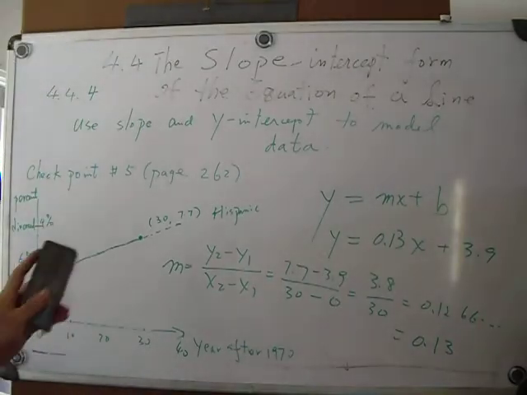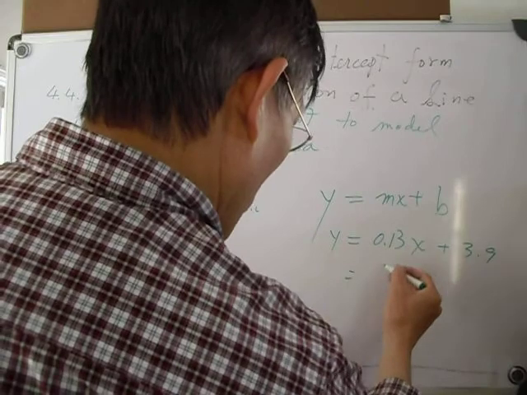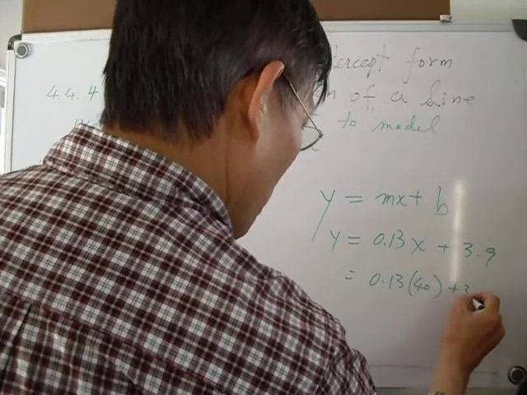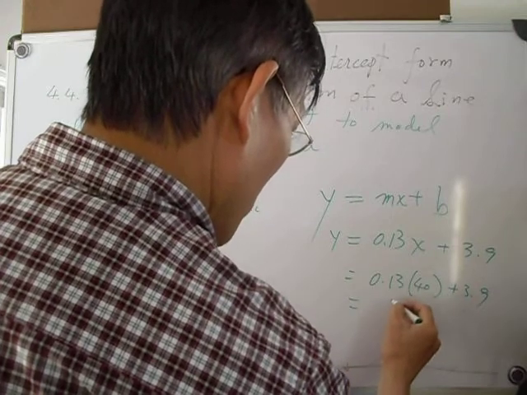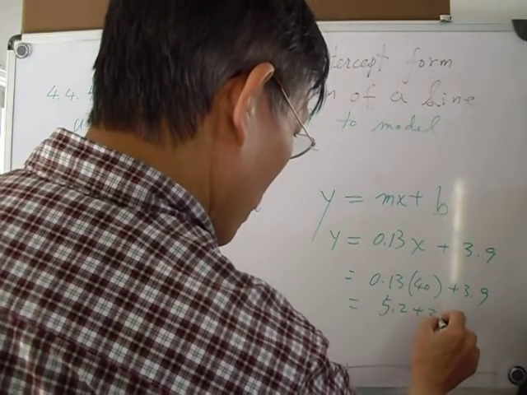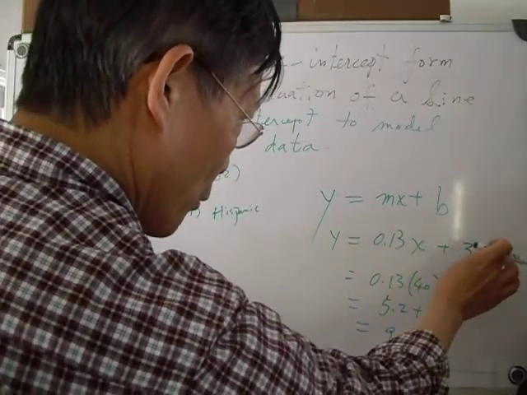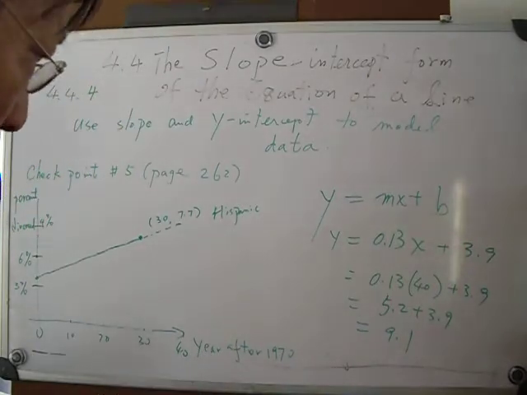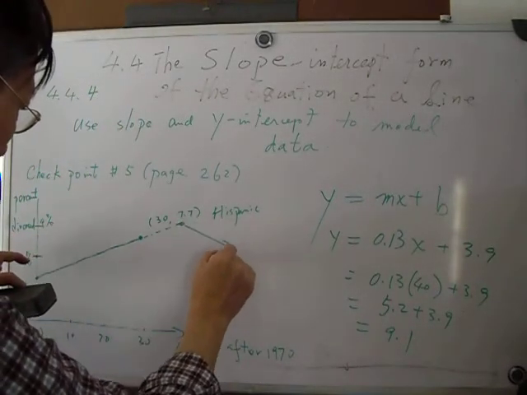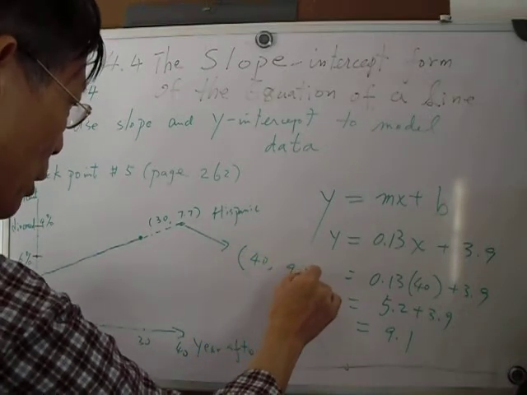So let's get a 40: 0.13 times 40 plus 3.9. Use your calculator. 5.2 plus 3.9 gets 9.1. Slightly different data, that should be fine. So at x equals 40, y is 9.1.